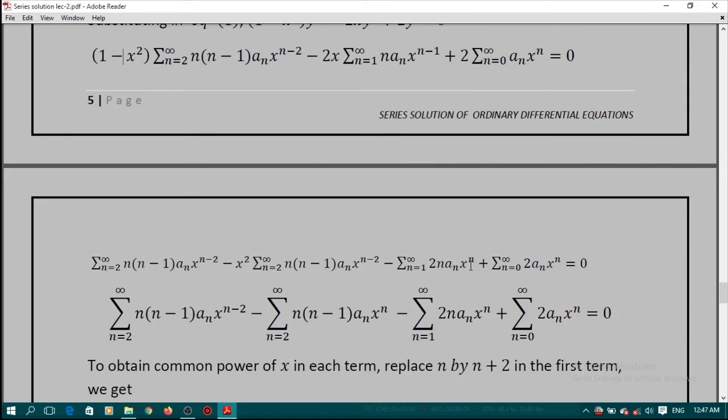And in the next summation we include this 2 into the summation notation, so we get summation n running from 0 to infinity 2 a n x raised to n, and that equals 0.